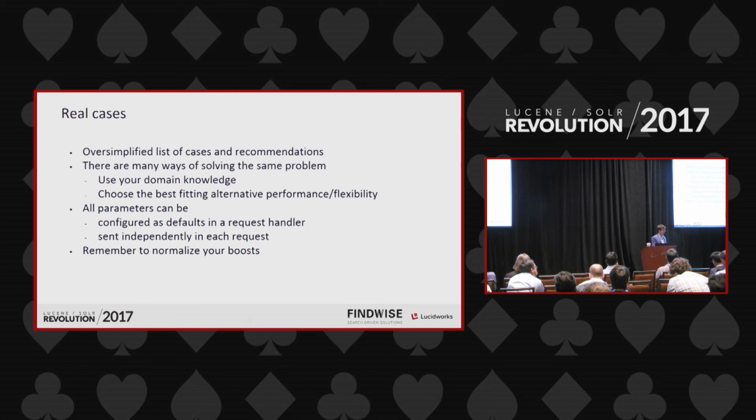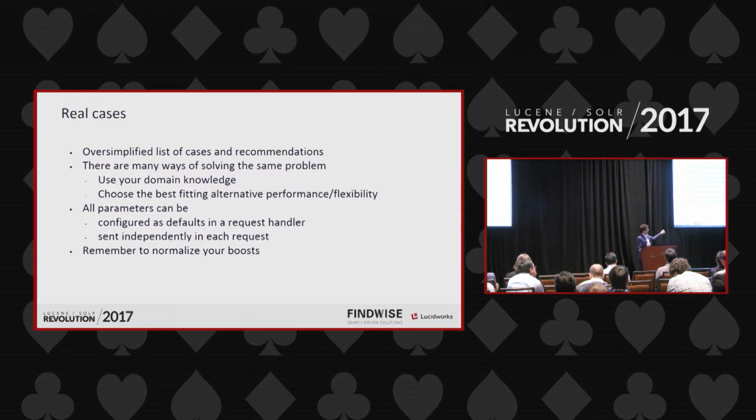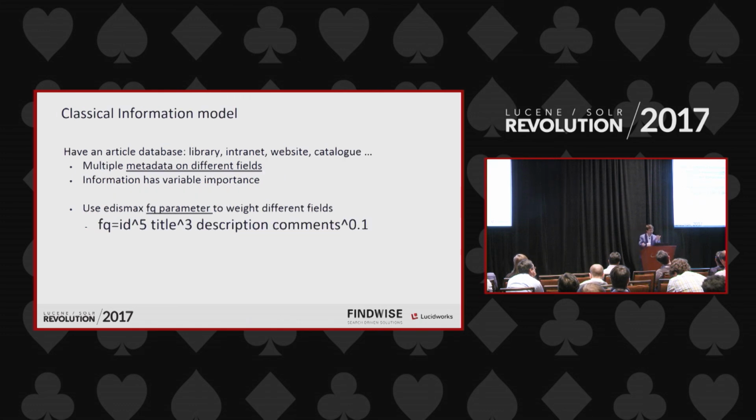Obviously, when it depends on some contextual data, either the user or the time or whatever, we are going to want to send it with our query. And something that we always have to remember is to normalize them. We want to control how much they affect relevance, how much they affect each other, and have a discrete set of values that they can give to the relevance.